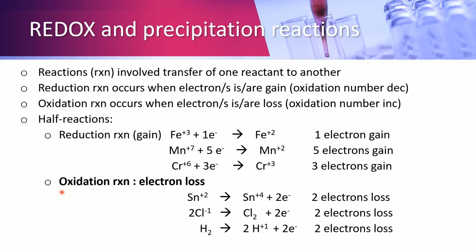Oxidation reaction. When Sn+2 loses 2 electrons, it becomes Sn+4. When 2 chloride ions lose 2 electrons, they become chlorine gas. When hydrogen gas loses 2 electrons, it becomes 2 atoms of H+1.